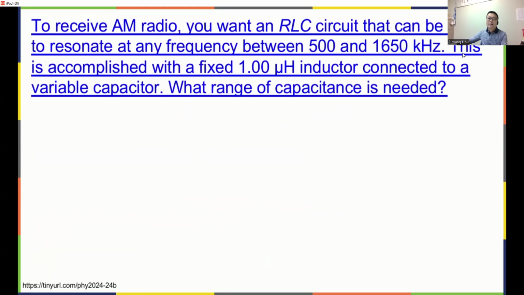Basically, if you have an old-fashioned radio, like a tunable one in the car, not a digital one, it has an RLC circuit in it, and you tune it to different frequencies.